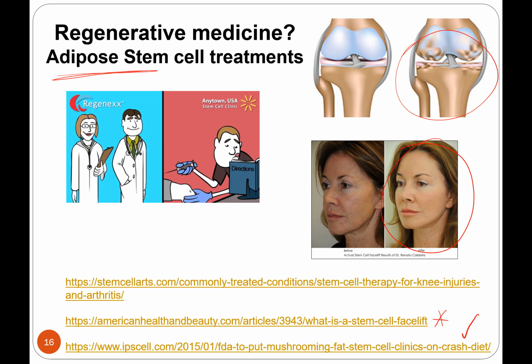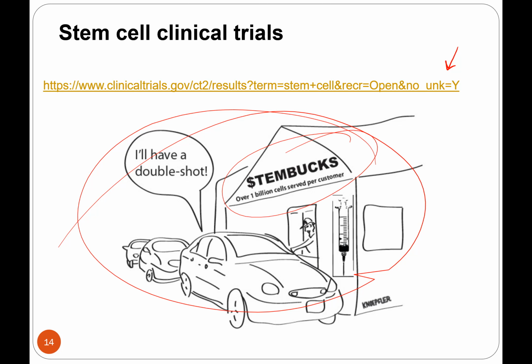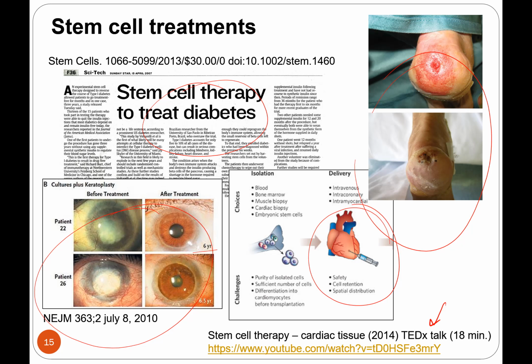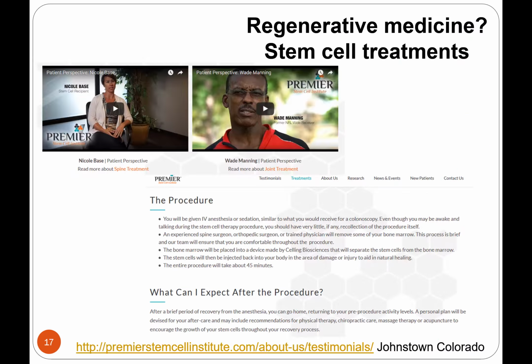This is one you might want to look up. This is with dubious stem cell clinics, which is why I put this like stem bucks thing. So with any kind of technology, there are applications that may or may not be very scientifically approved. So that's your other part of your research for the discussion.